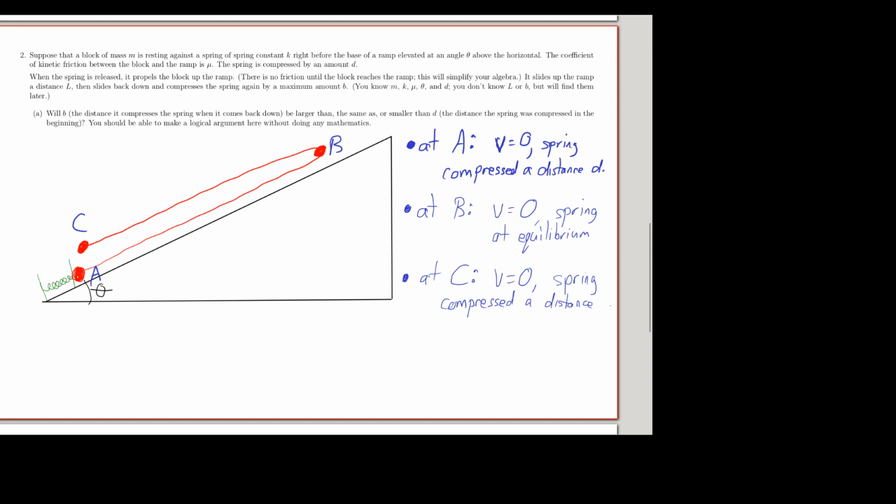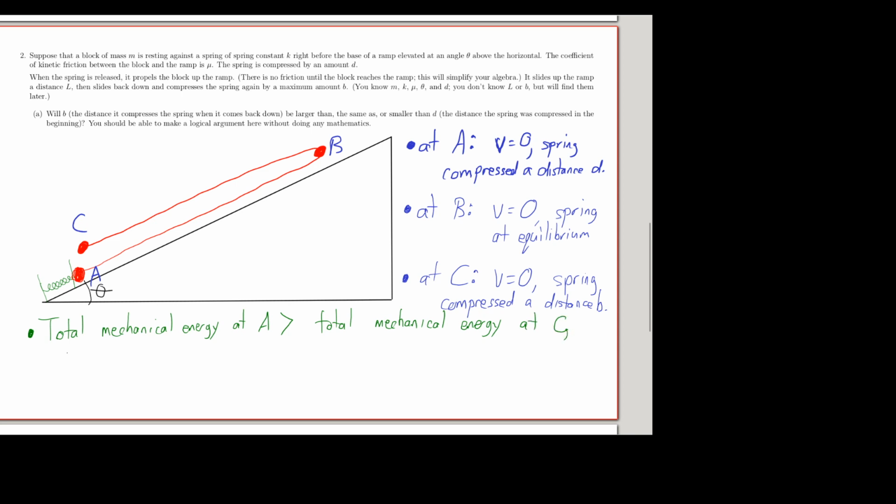Now, what we know is there is friction on this ramp. So the thing has a certain amount of total mechanical energy at A. And that's going to be greater than the total mechanical energy at C, since friction does negative work.